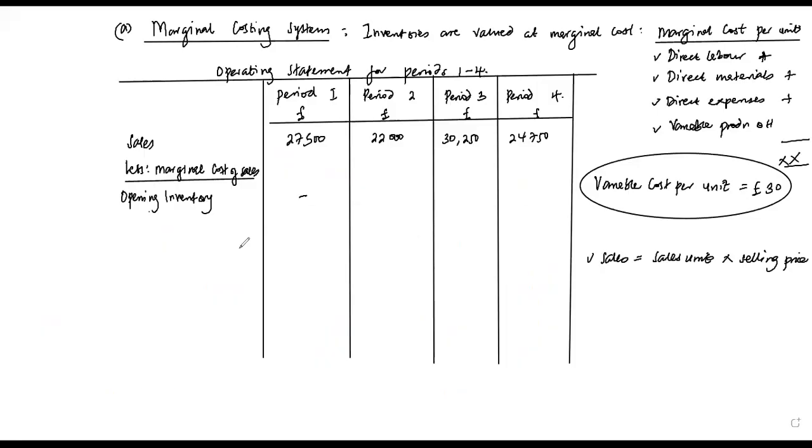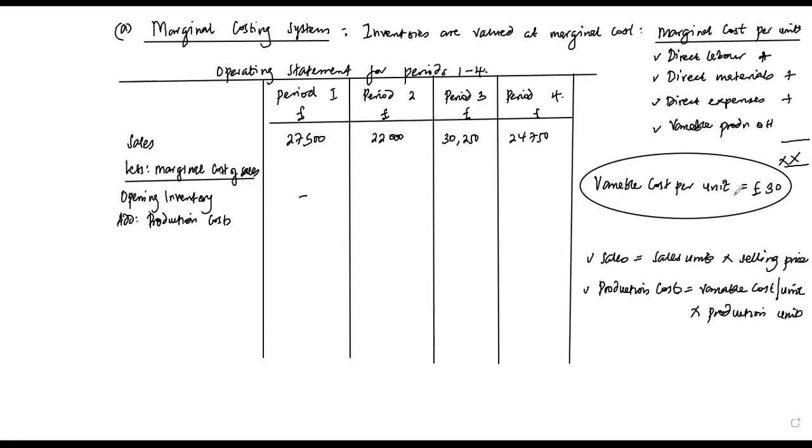Of course, what I have to do now is to add the production costs. How do we get production costs? Now, production cost here, we get our variable cost per unit times our production units.